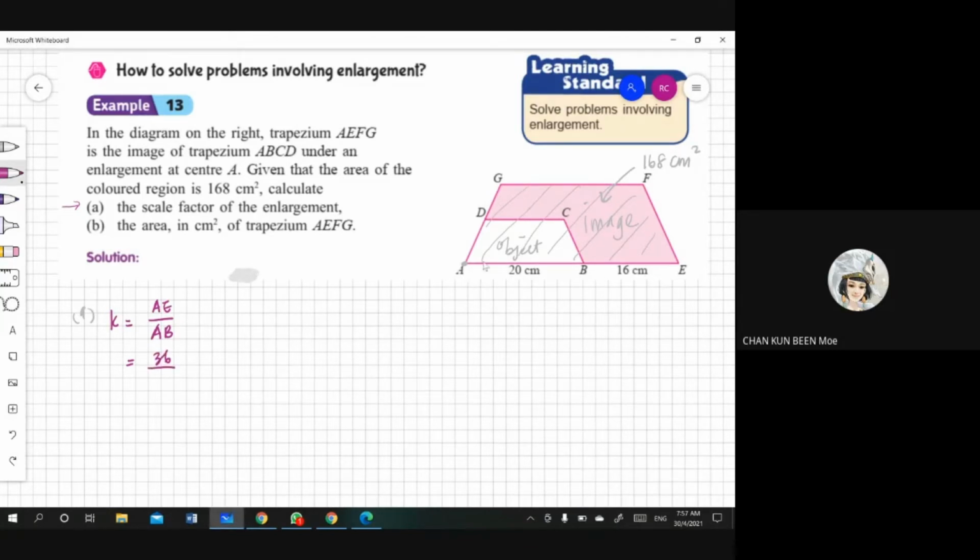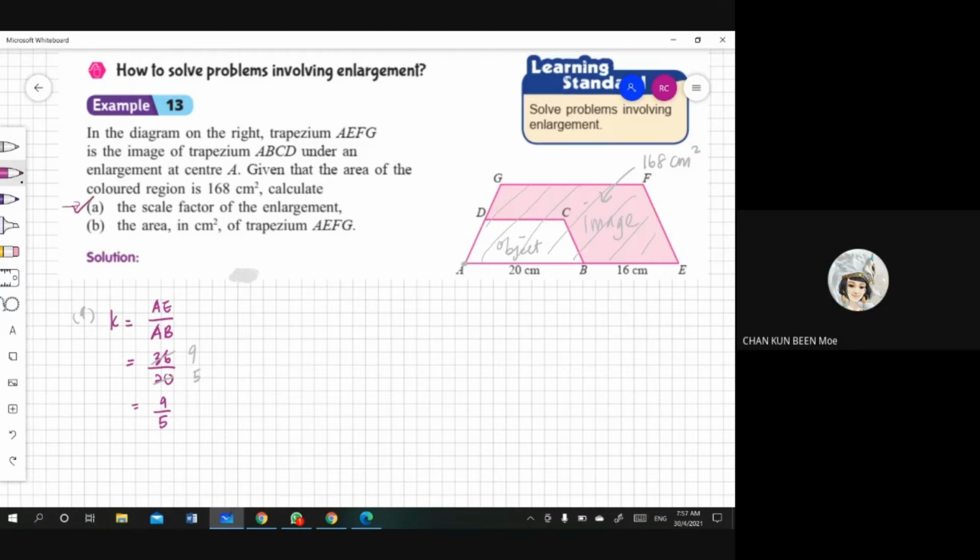And over the object, it is equal to 20. When you simplify it, divide by 4, 36 over 4 is 9, 20 over 4 is 5. So we will get 9 over 5 as the scale factor. Okay, so the first one is complete.